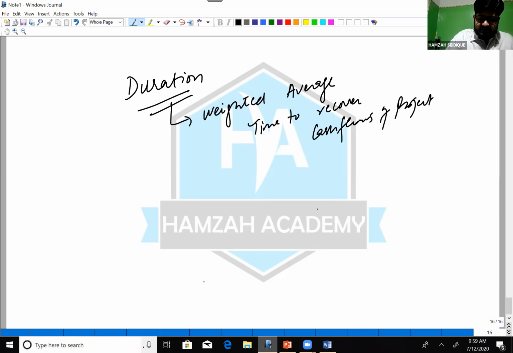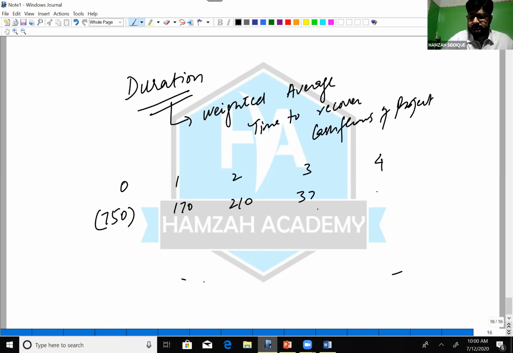For example, a project has cash flows as follows: investment of $750 million, and positive cash flows are 170 million, 210 million, 320 million, 330 million, and the fifth as well, 350 million.